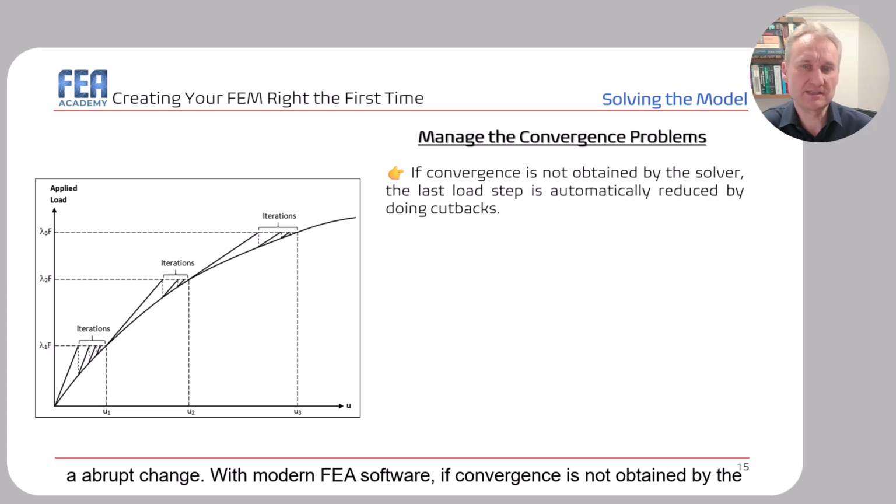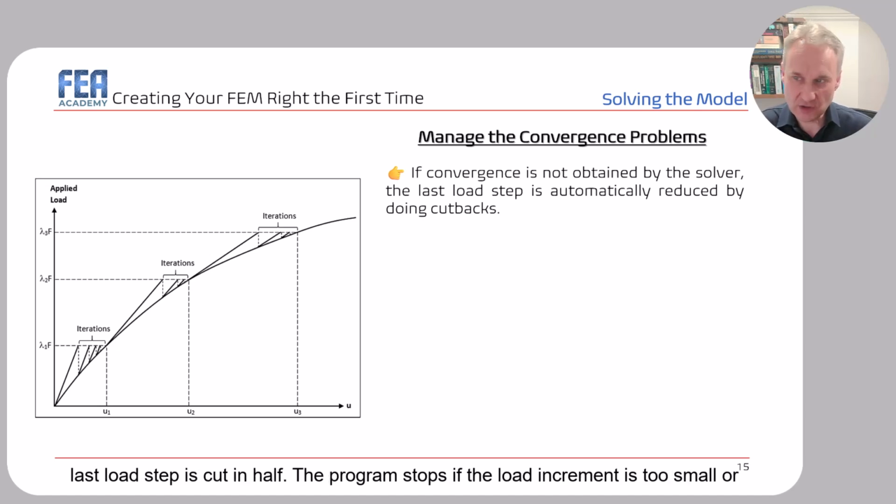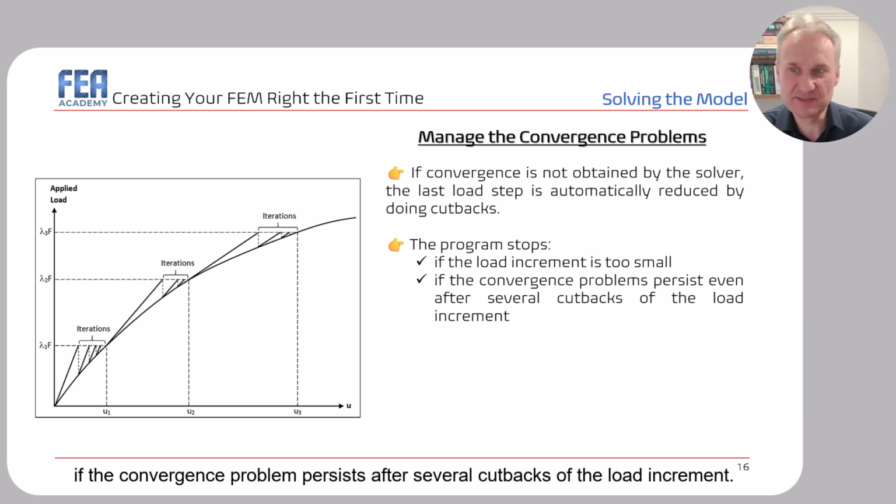With modern FEA software, if convergence is not obtained by the solver, the last load step is automatically reduced by doing cutbacks. Usually the last load step is cut in half. The program stops if the load increment is too small or if the convergence problems persist after several cutbacks of the load increment.